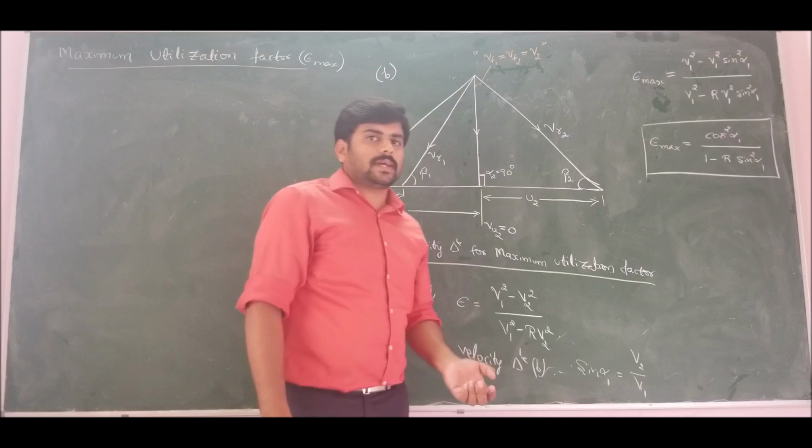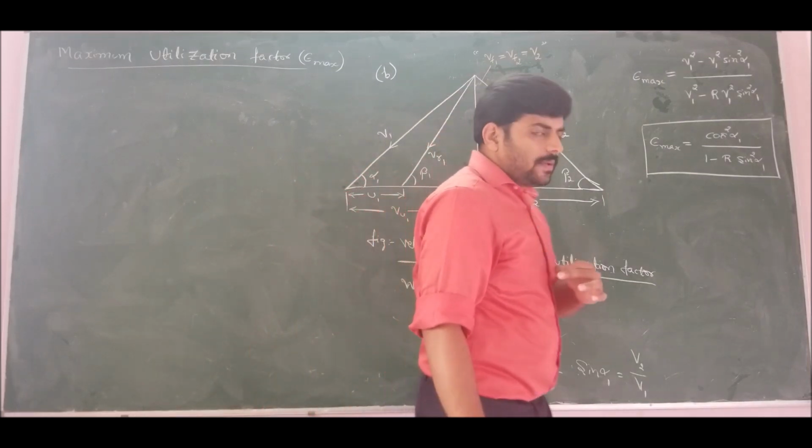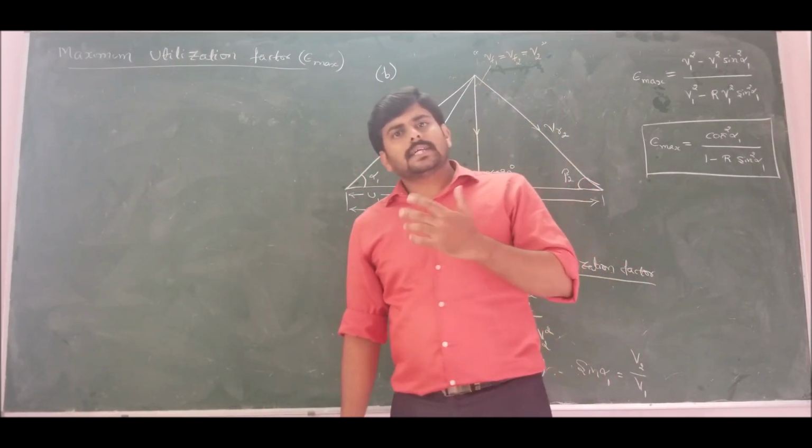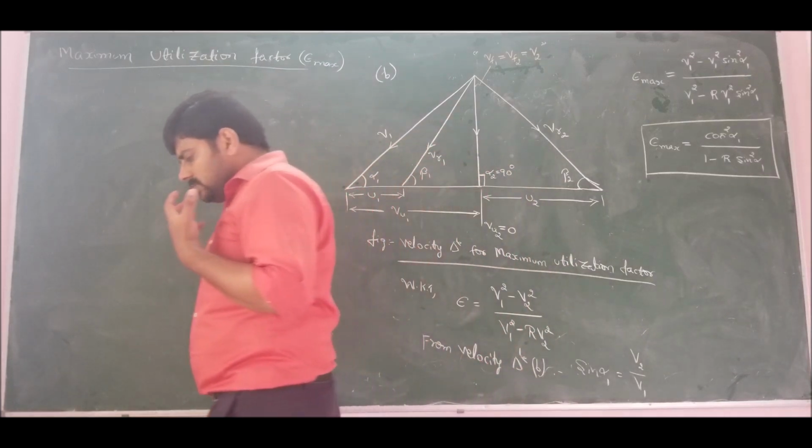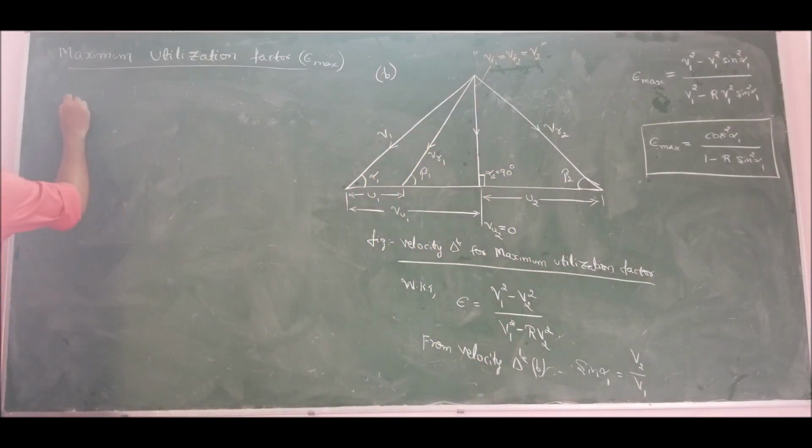In case of impulse turbine, the energy transfer takes place only because of dynamic component. As I discussed, the degree of reaction can be written as static component of energy transfer divided by total, that is static component plus dynamic component.